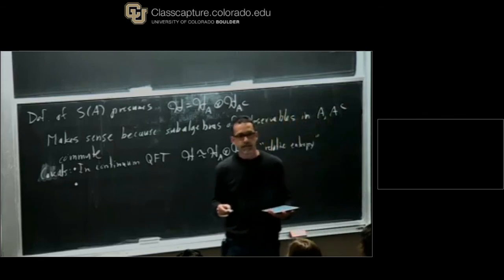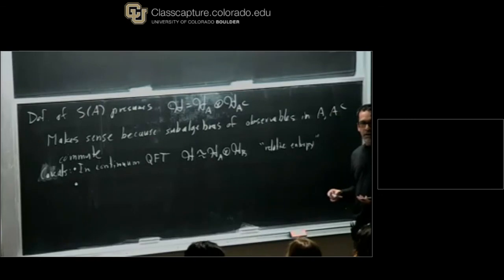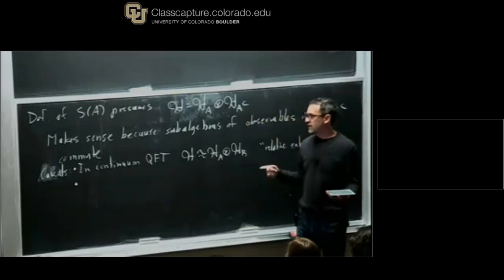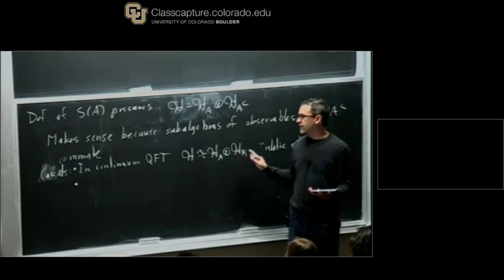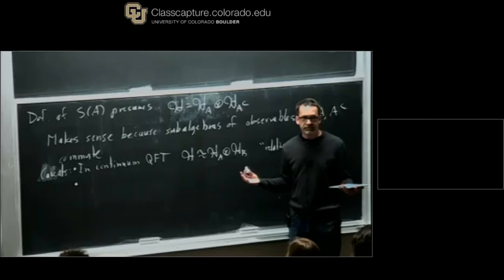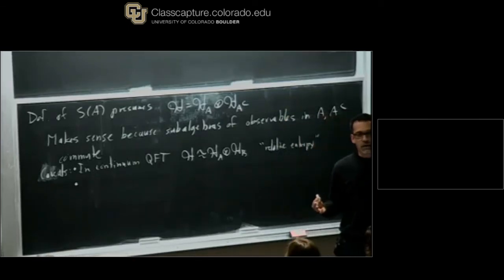Yeah. How should I think about this approximation? It means that there's some correct notion of these quantities and some correct way to sew them together that gives you the full Hilbert space. So basically, I'm not answering the question.